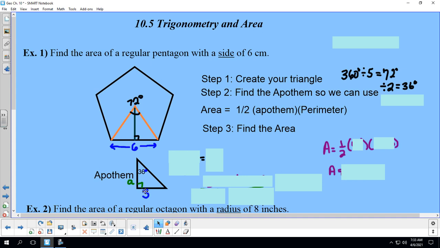So we have the opposite side of the 36, and we have the adjacent side of the 36. Remembering our SOHCAHTOA, opposite and adjacent is the TOA, so we have to say tangent of 36 is equal to the opposite, which is 3, over the adjacent, which we don't know, it's the apothem.